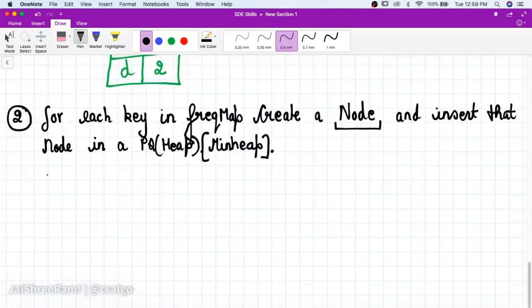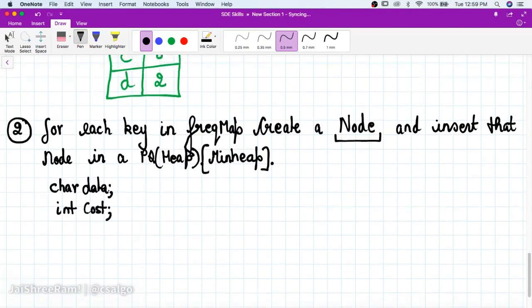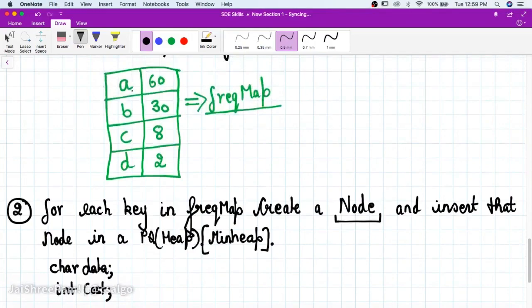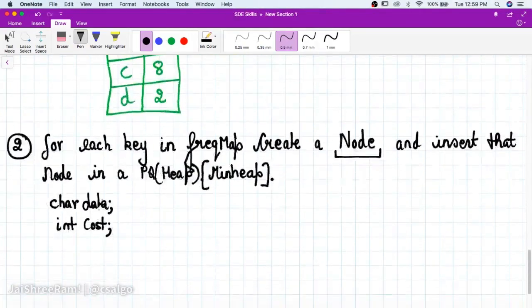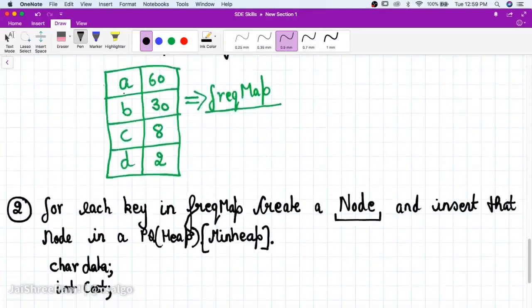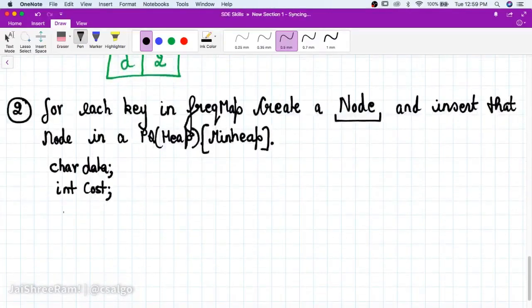Now this node will have four things with itself. One will be the data of type character, and one will be the cost. Cost will denote nothing but the frequency of this character. So for A, its frequency is 60, so its data will be A for this key and its cost will be 60.